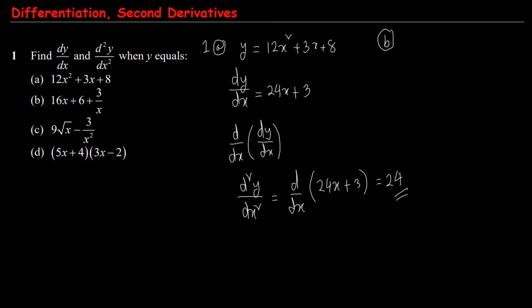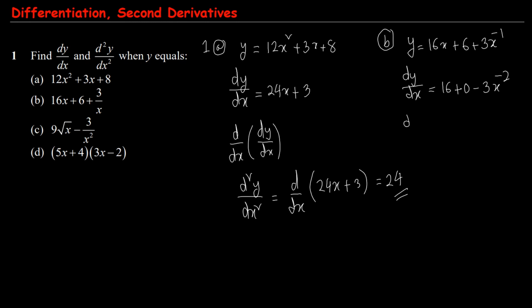Let me write first the expression y. It is written here 16x plus 6, then plus 3x to the power minus 1. So as a first derivative, we can write dy by dx, which is 16. Then from 6 we got 0. Third, minus 3 x to the power minus 2.